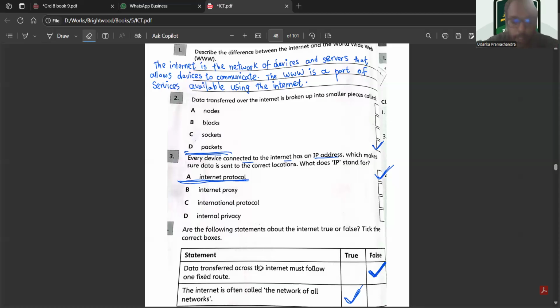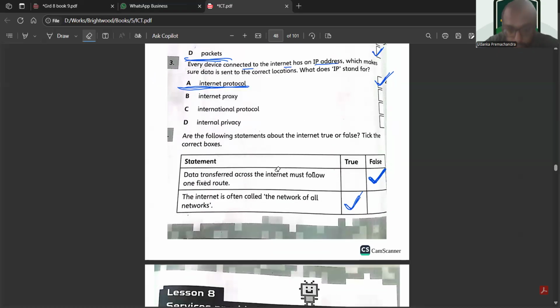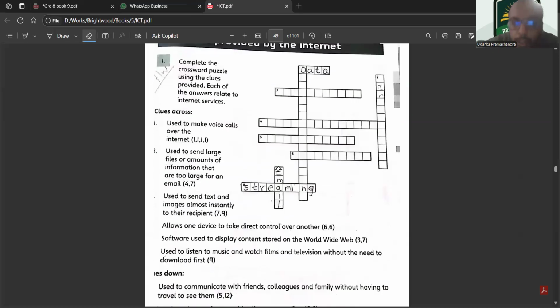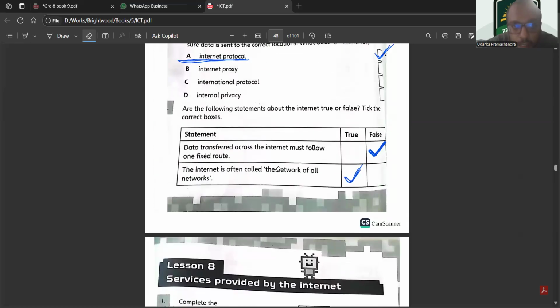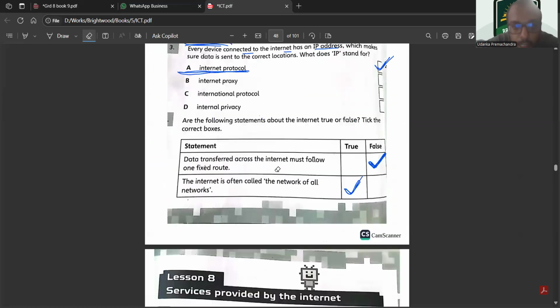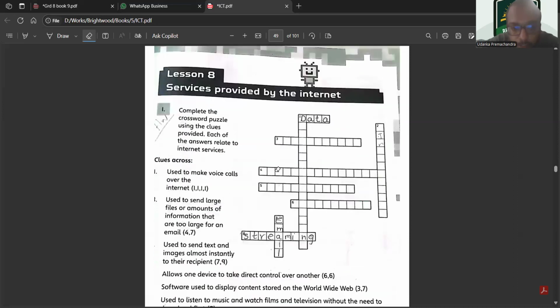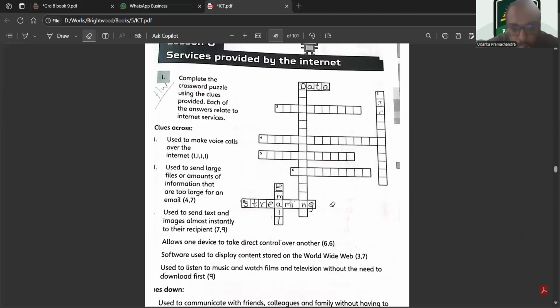Okay, so next activity. What do you have to do in lesson 8? Homework. I said it the last day also. I gave some clues for you. I already told these things.